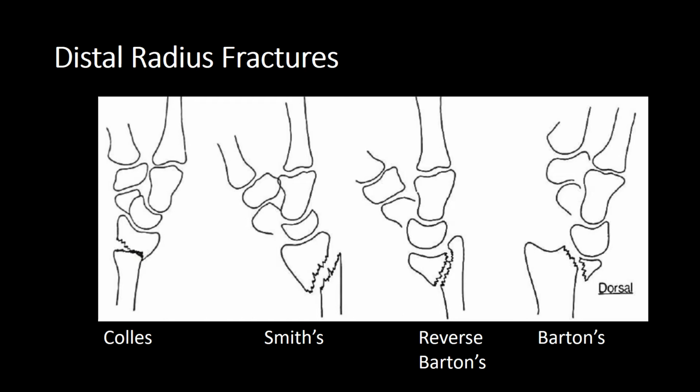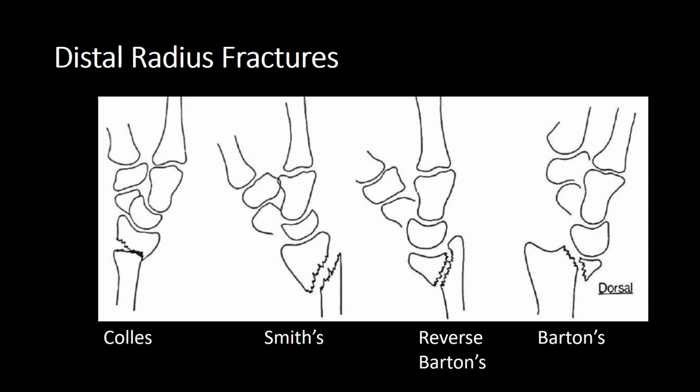So I always remember a reverse Barton's fracture because reverse contains the letter V, and what a reverse Barton's fracture is, it's an intra-articular fracture of the radiocarpal joint with volar displacement of the distal fragment. But significantly, the whole point with a reverse Barton's fracture is that the carpals, so your lunate, will migrate with the distal fragment.